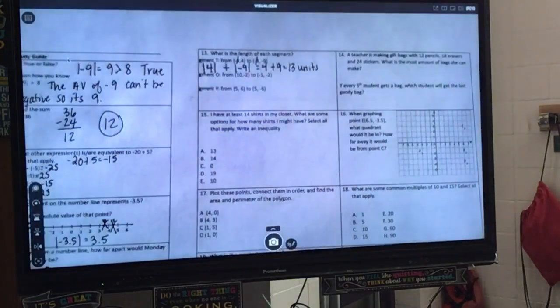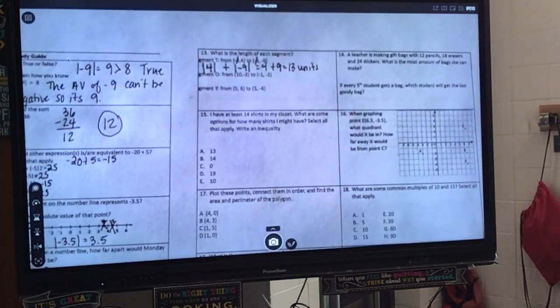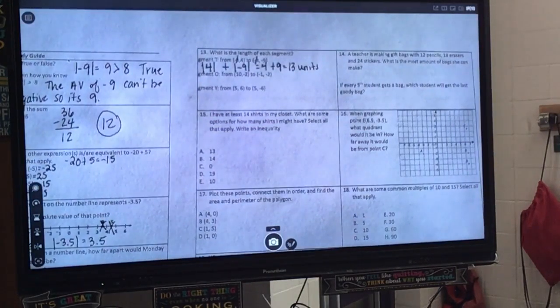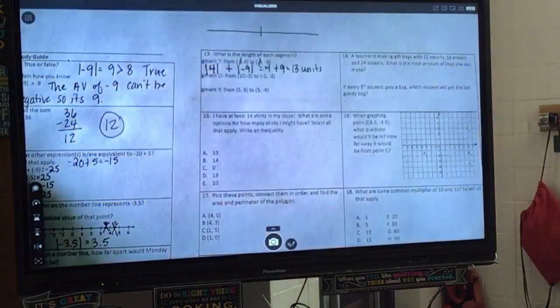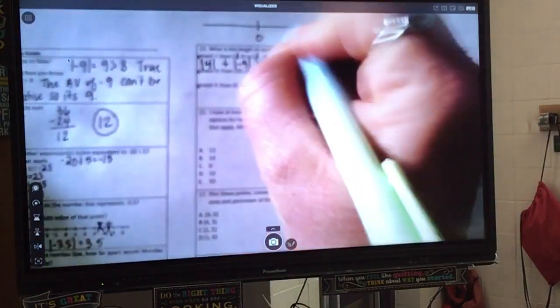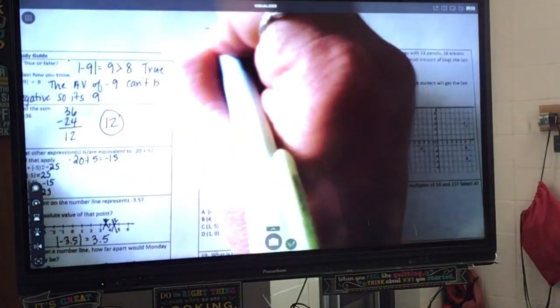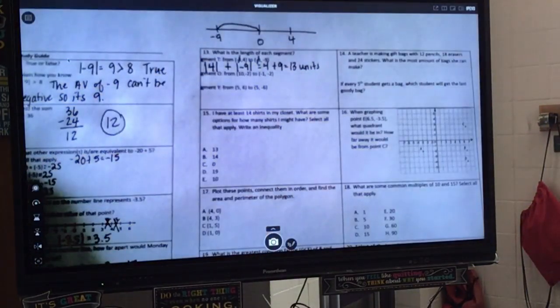Okay? What's another way you can check to make sure you did this one right so that you can use the same process for each one? Can you draw a number line? Yeah, because essentially you're only dealing with two numbers, right? So here's 0, here's 4, here's negative 9. How many hops does it take me to get from negative 9 to 0? 9.